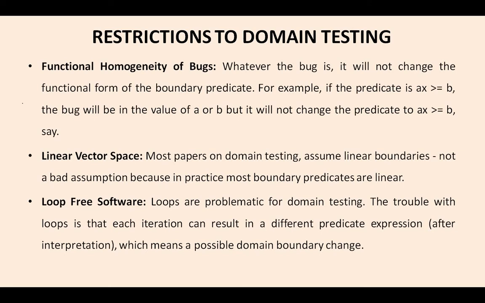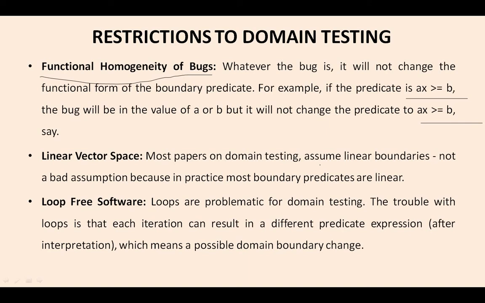For example, if the predicate is ax greater than or equal to b, the bug will be in the value of a or b, but it will not change the predicate to something else. So the functional form of the boundary predicate remains the same.